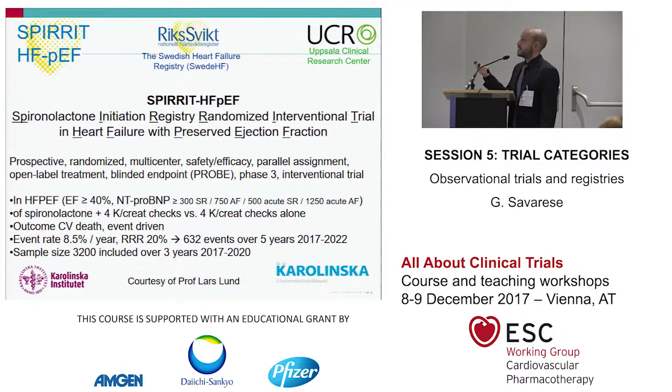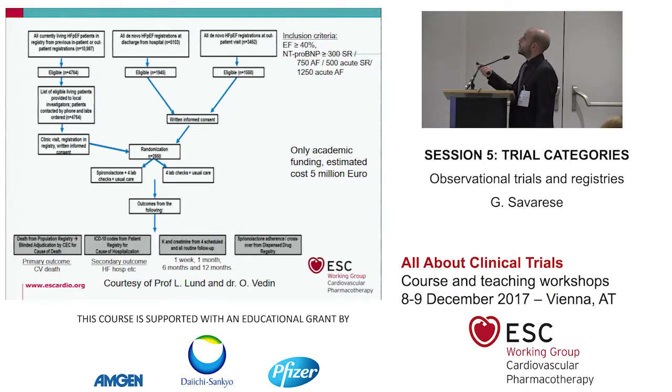So we are testing this based on Swedish Heart Failure Registry data, but using a randomized fashion. It means that using the Swedish Heart Failure Registry, we can check in Sweden which patients satisfy the inclusion criteria to enter our study. So they have HFpEF, they have NT-proBNP higher than a threshold, and they have specific conditions.